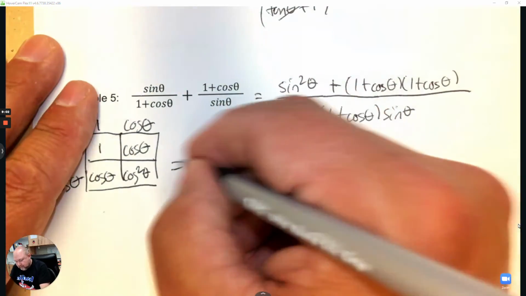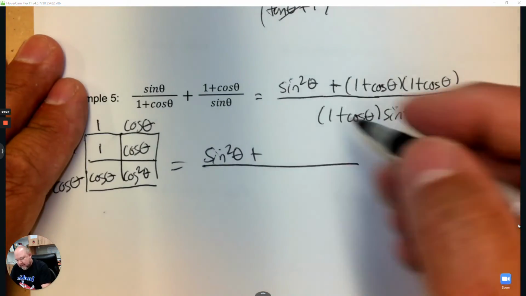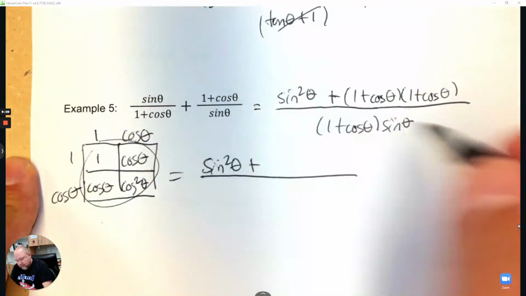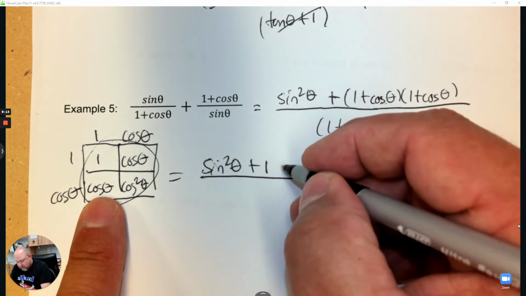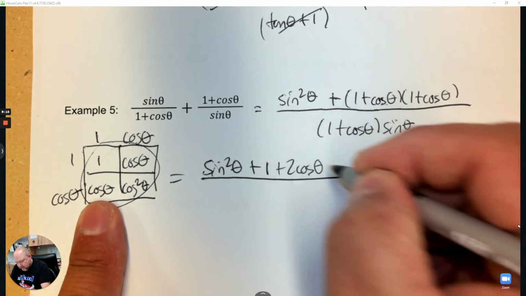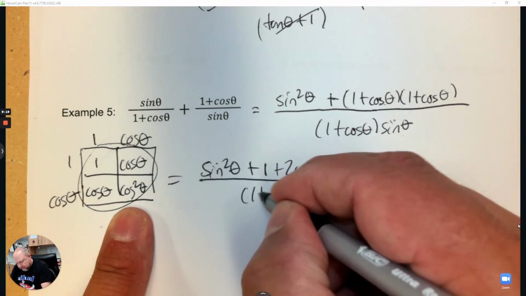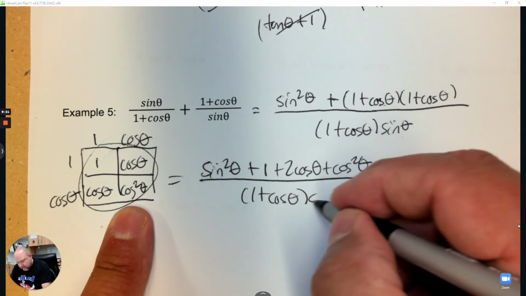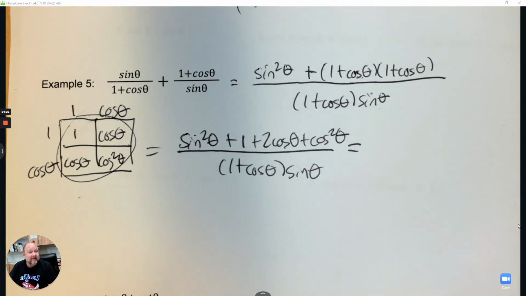I'm going to go back here. So I have sine squared theta, and now this replaces this. So I have 1, I have 2 cosine thetas, and I have a cosine squared theta. And now I need to keep simplifying.